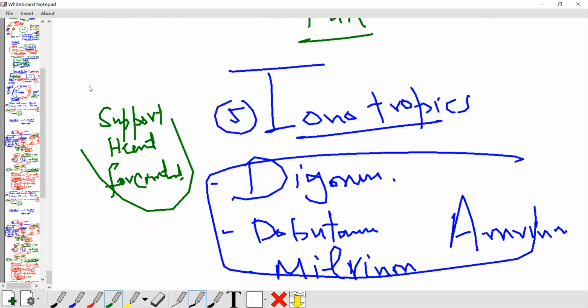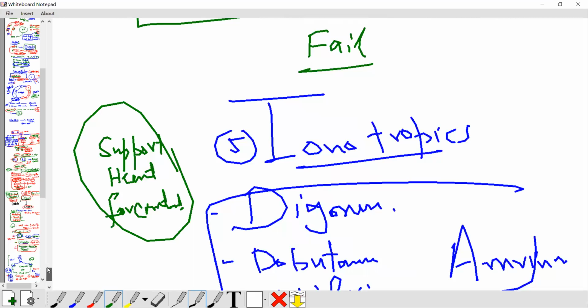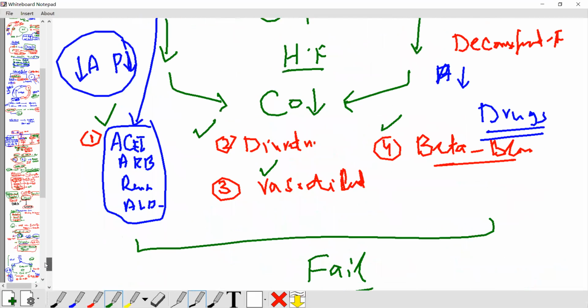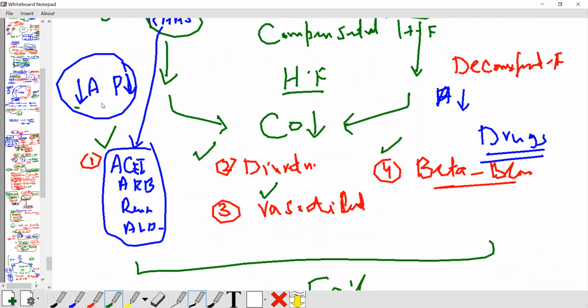Clear? Because this principle has failed, we were doing preload decrease and afterload decrease, but this therapy is no longer working. So the patient is still in failure, so we must give inotropics at last, not from the beginning.